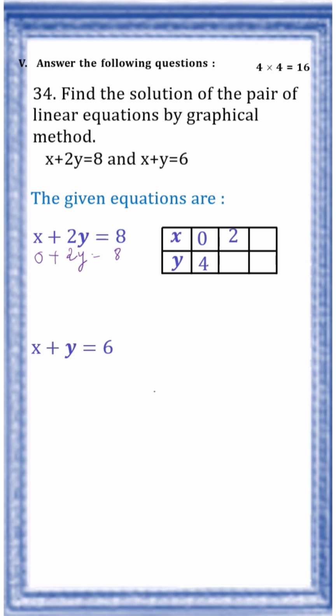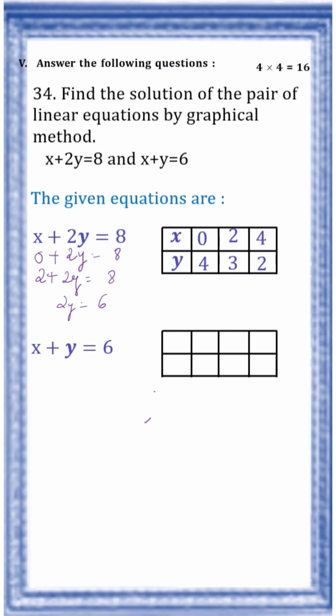If you put an odd number here, it is not divisible by 2, so you'll get fractions. 2 plus 2y is equal to 8, 2y is equal to 6, y is equal to 3. If I put x is equal to 4, y is equal to 2.